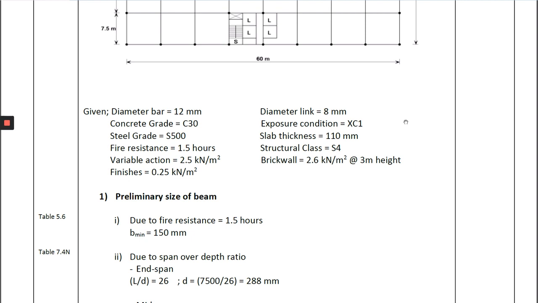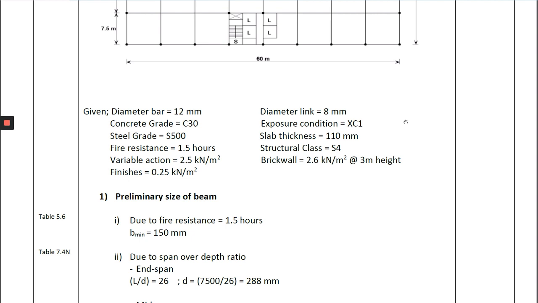From that location, we will determine the exposure classes related to the environmental condition. In accordance with EN 206-1, Table 3, Table 4.1, you may determine the environmental condition and the exposure condition, either under X0, XC1, XC2, XC3, and so on.